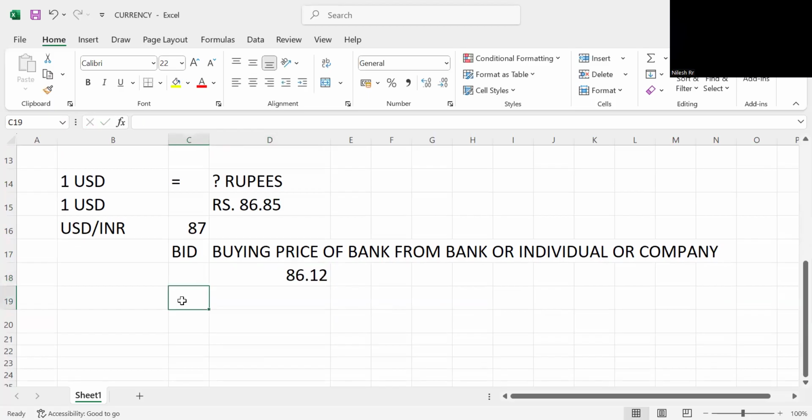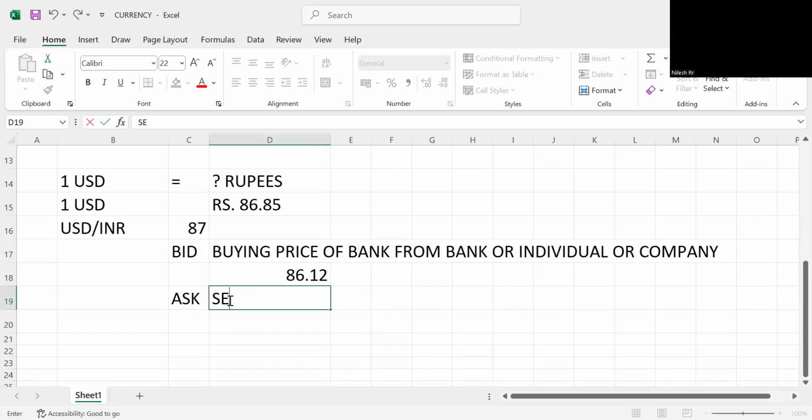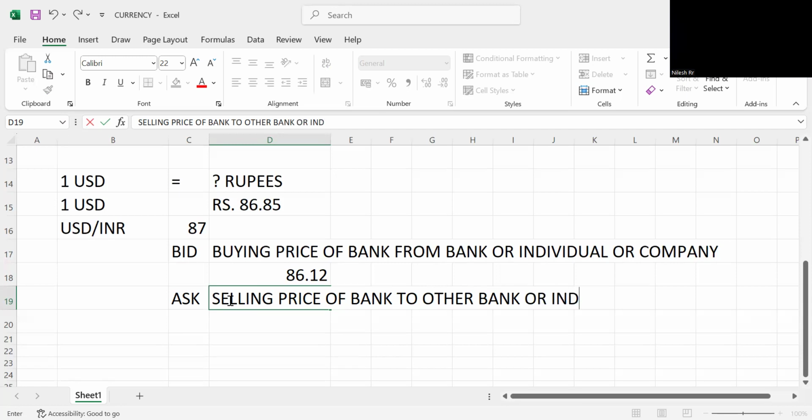The other is the ask. The selling price of the bank, the selling price of a currency, meaning dollar, if they want to sell it to an individual, to any other bank, or any company.